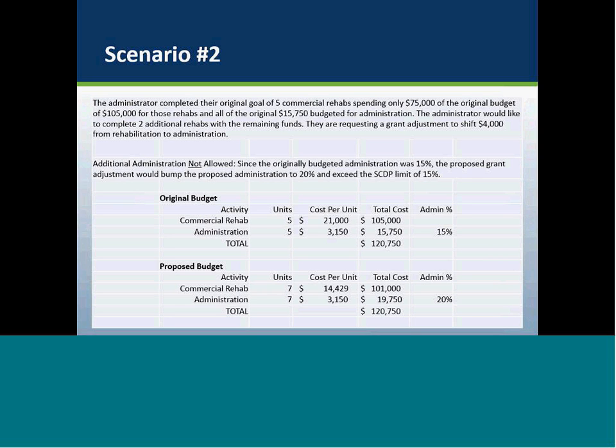In the calculation, again, if you look at the table, your budget has now increased and your admin is now at 20%. So this would automatically not be allowed.